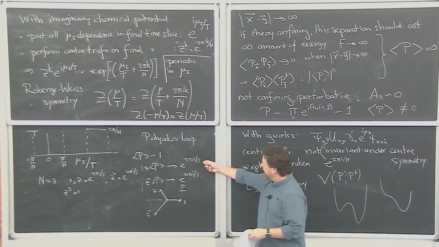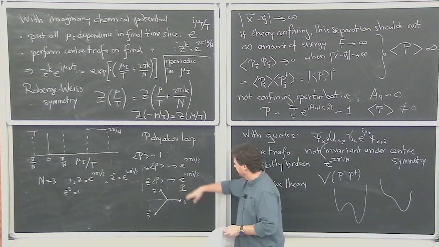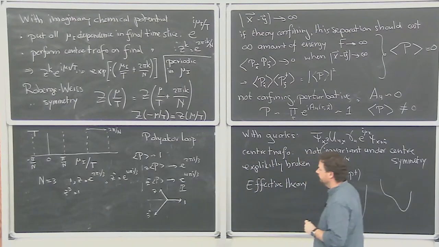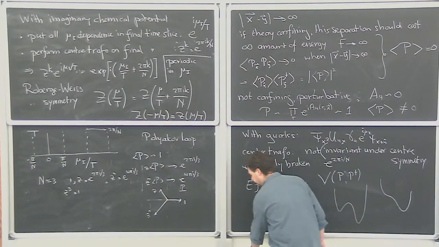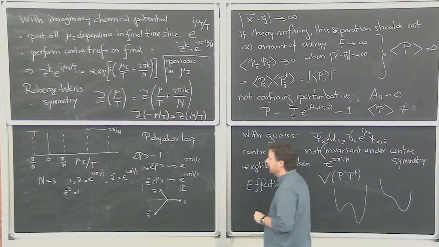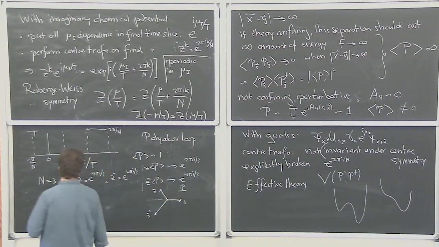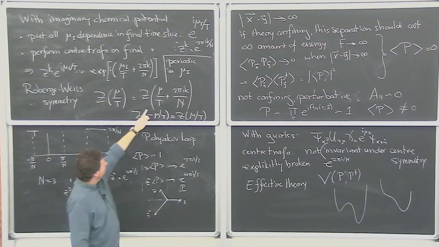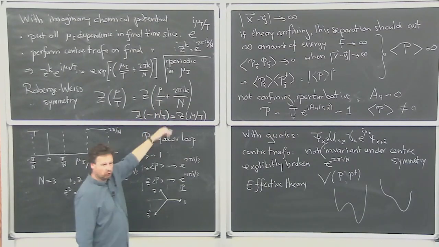So these are 3 phases with length 1, and they point in either the one direction, an angle of 120 degrees, or an angle of 240 degrees. Now that's exactly what happens in this diagram here, because if I change the imaginary chemical potential, I'm actually cycling through these phases in the Polyakov loop because these two appear in this combination.